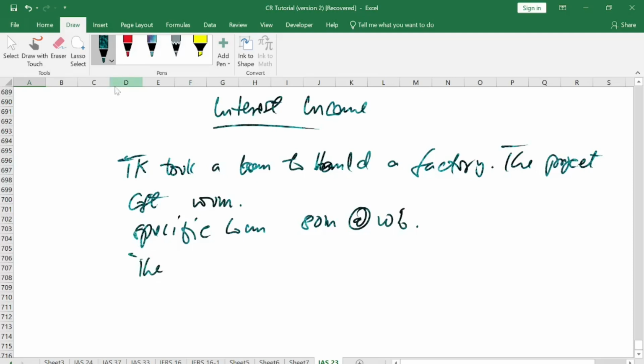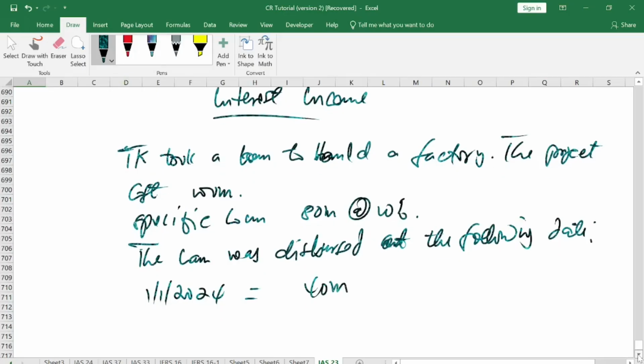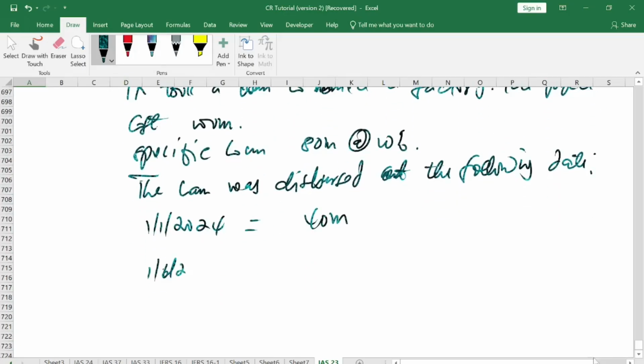The loan was disbursed at the following dates. 1st January 2024, 40 million was disbursed. 1st July 2024, 20 million was disbursed. And 1st January 2025, 20 million was disbursed.